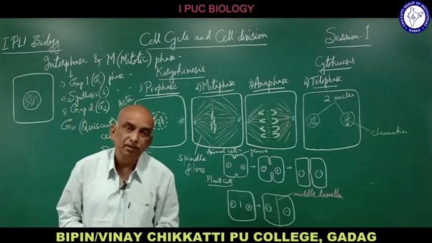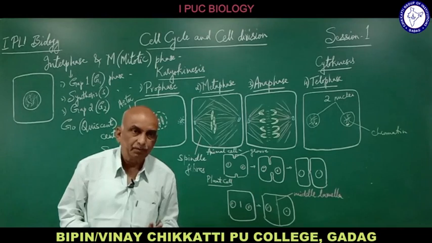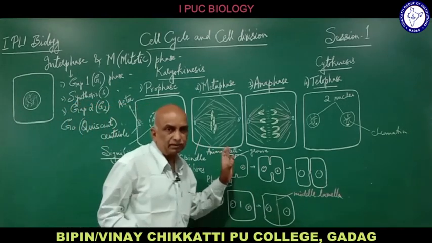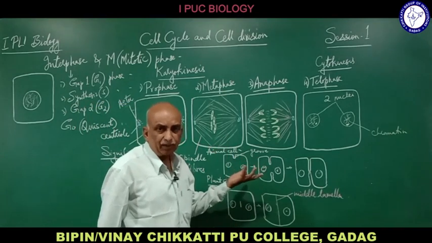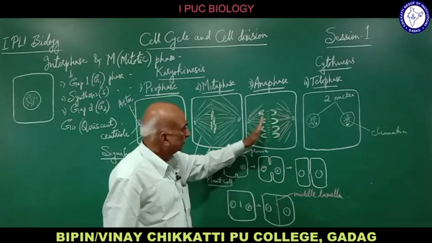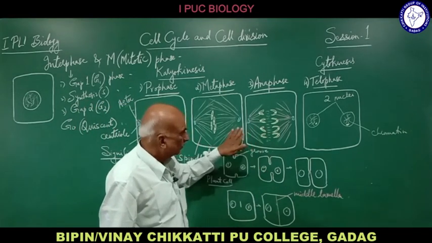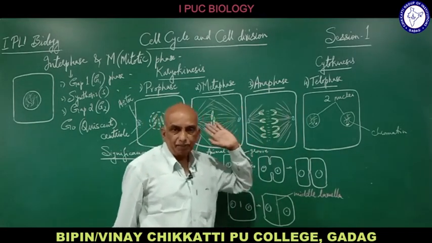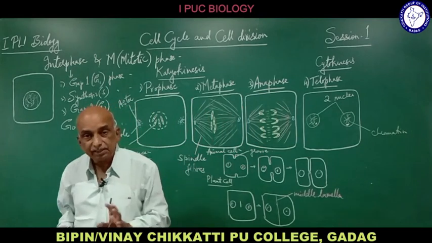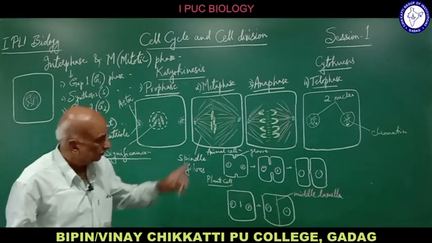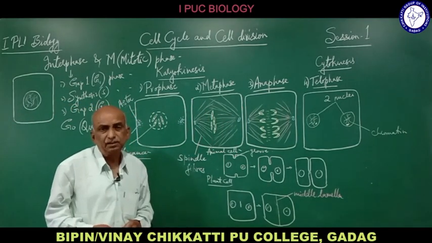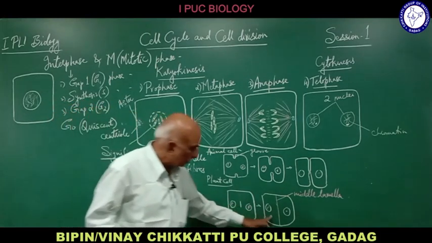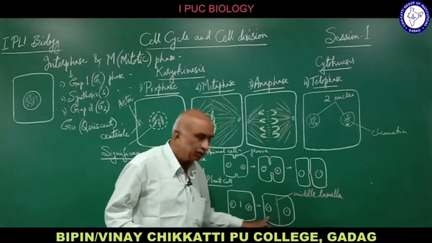So this genetic stability is maintained by the equal distribution of the chromosomes during this cell division. So by mistake there is no such disorder in the distribution. Suppose if there are 8 chromosomes, 5 on this side, 3 on this side, that does not occur. So mitosis maintains genetic stability in the cells where the daughter cells which are formed are both the same.